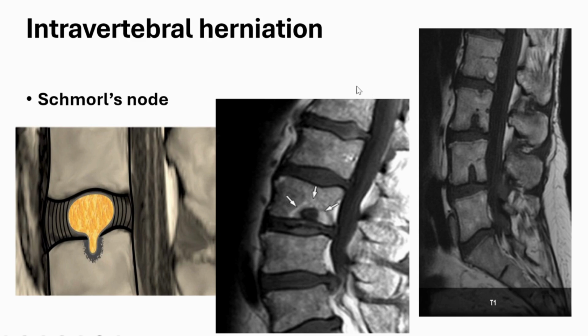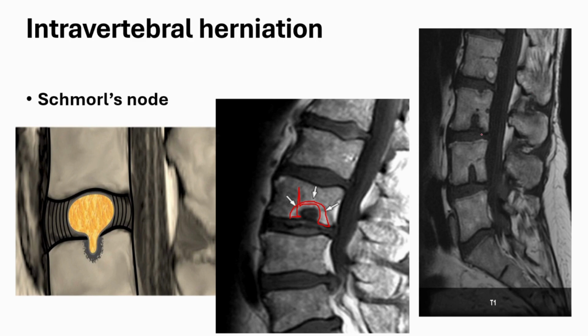As we can see in this T2 weighted image, there is a small node in the inferior end plate and herniation of the disc content within the vertebra itself, surrounded by high signal intensity. This is called bone marrow edema. This signifies that this is an acute Schmorl's node or intravertebral herniation.